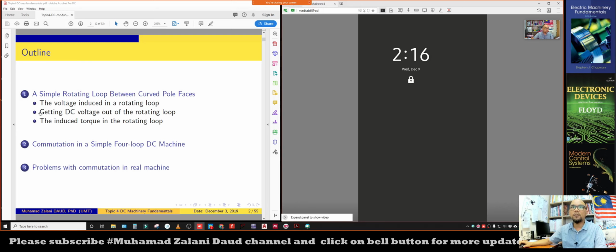So in the earlier part, basically we are talking about more conceptual design, which is just using a single wire loop, all right? But for the actual DC machine or AC machine, it should have at least four wire loops, okay? So for the four-loop DC machine, we'll be talking about it more later in this section.